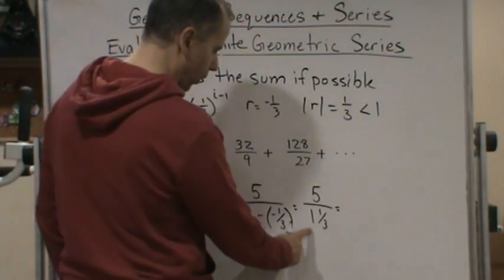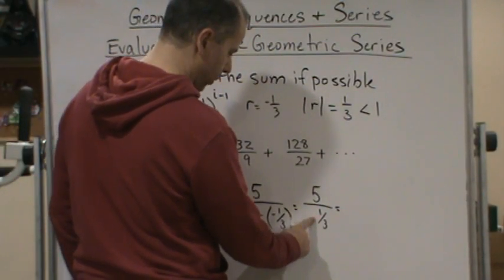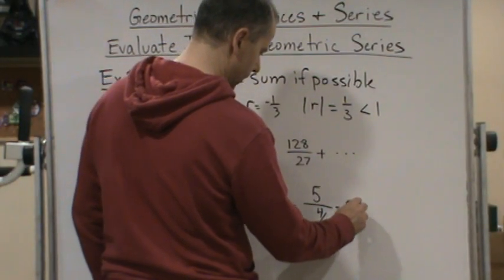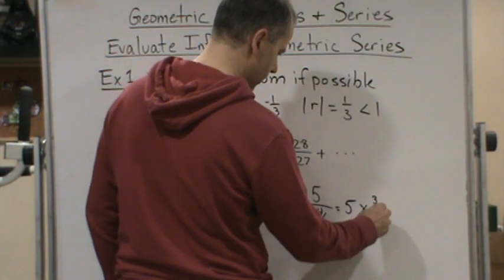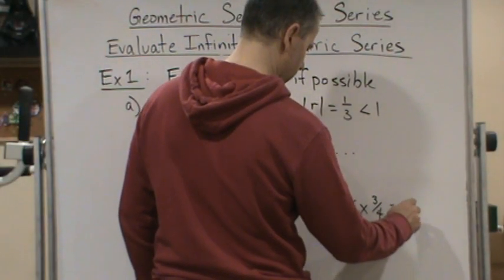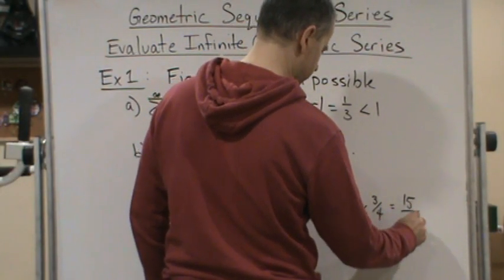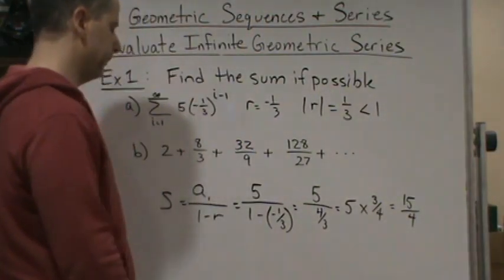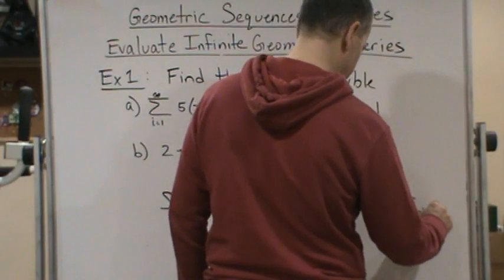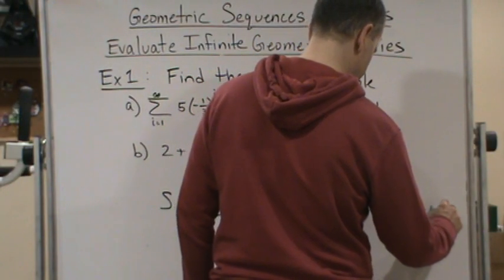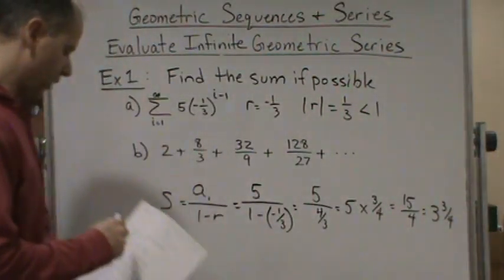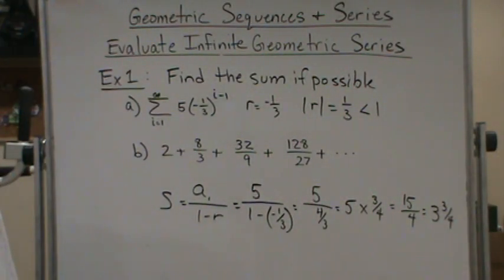And 1 1/3 is the same as 4/3, so this is equal to 5 times 3/4, which is 15/4, which is going to equal 3 3/4. So the sum is 3 3/4.